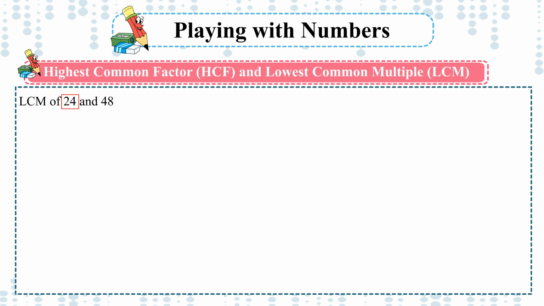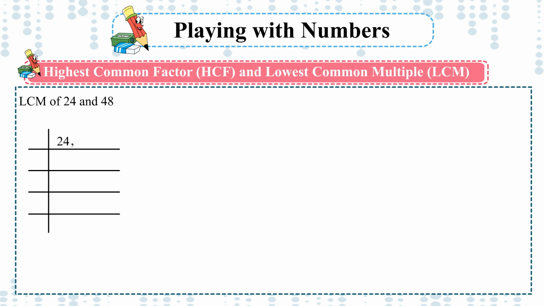LCM of 24 and 48. LCM by common division method of 24, 48. The smallest prime number is 2. 2 multiplied by 12 is 24, then 2 multiplied by 24 is 48. Next is 12, 24. The smallest prime number that divides 12, 24 is 2, and 2 multiplied by 6 is 12, then 2 multiplied by 12 is 24. Next is 6, 12.